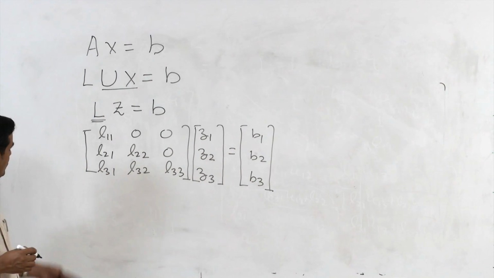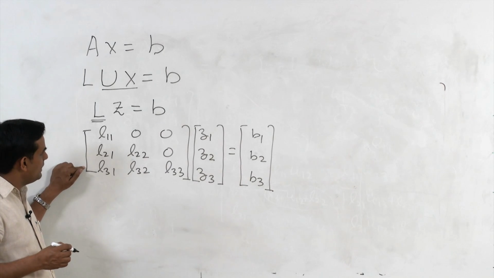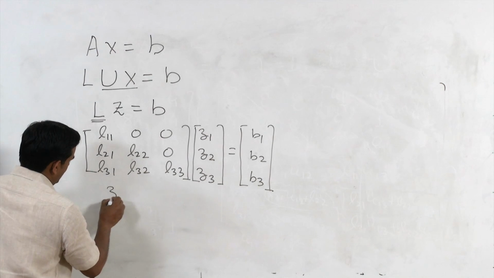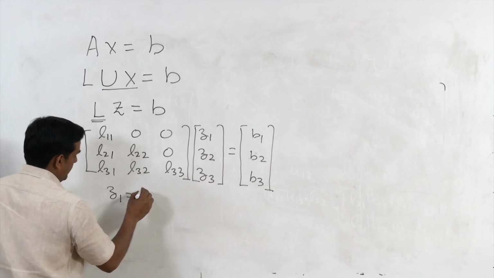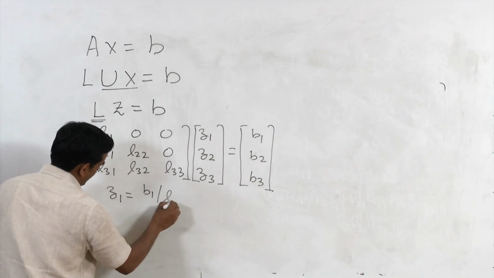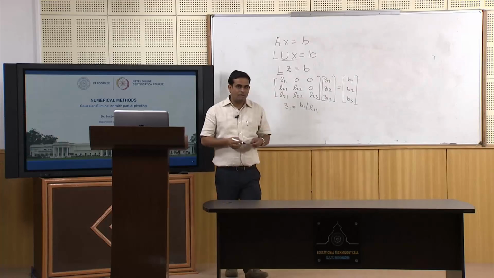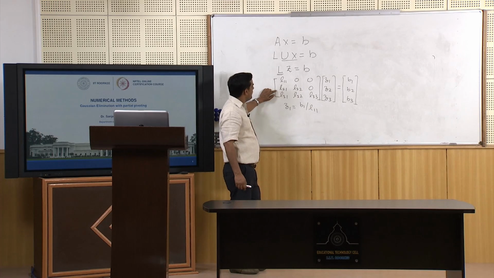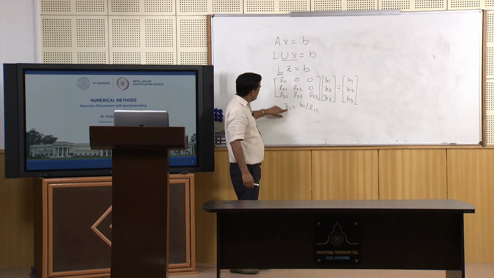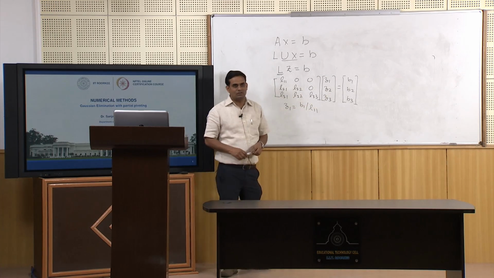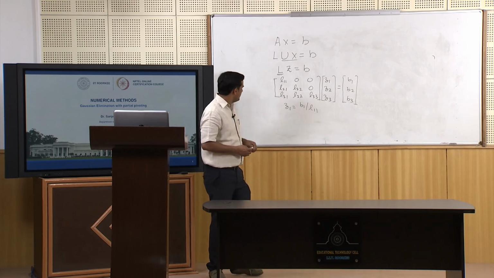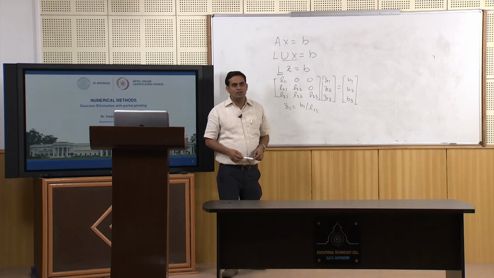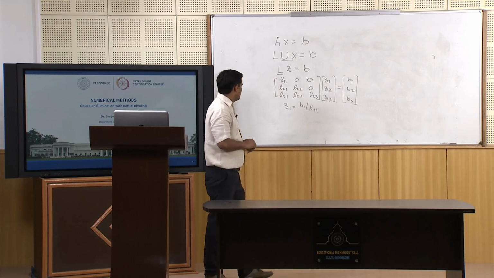So, what I can do? It is a lower triangular matrix. So, from the first equation it gives Z1 equals to B1 upon L11 directly. Now, what I will do? In the second equation I will substitute the value of Z1 and I will get the value of Z2. Similarly, from the third equation I will substitute the value of Z1 and Z2 and I will get the value of Z3.